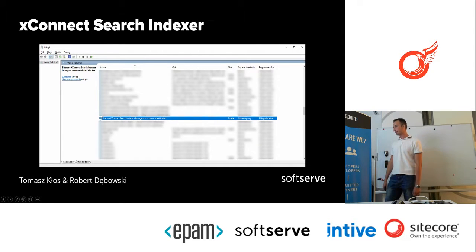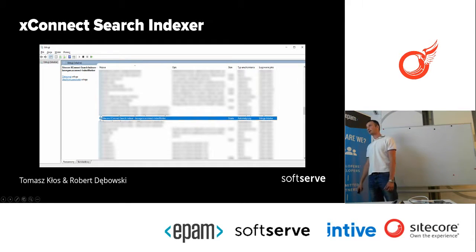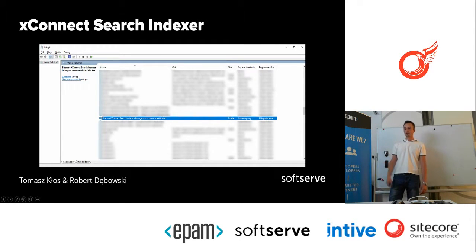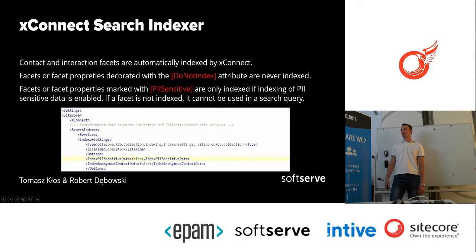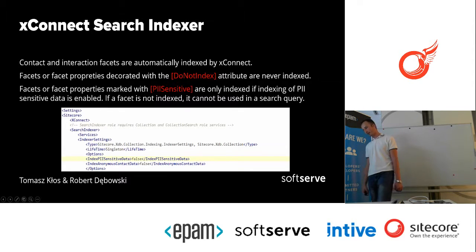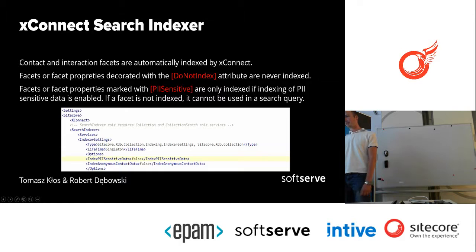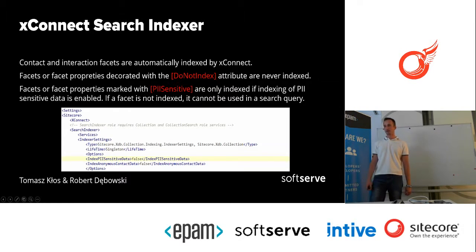Yeah, and this is the service that I wanted to show as well. As I said, during installation you've got something like that, and you can check if it is working in your services on Windows. eXtremeConnect also provides this very fancy, recent feature called sensitive data.